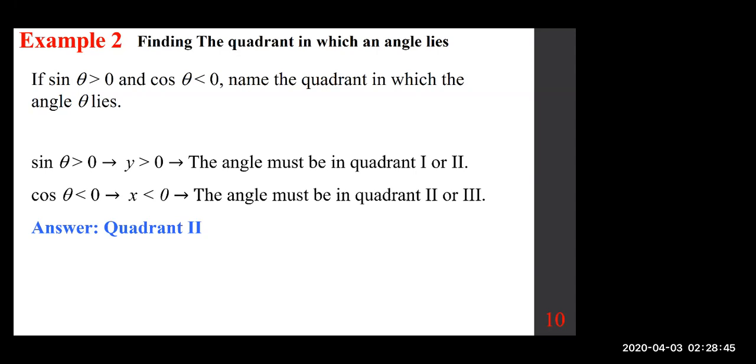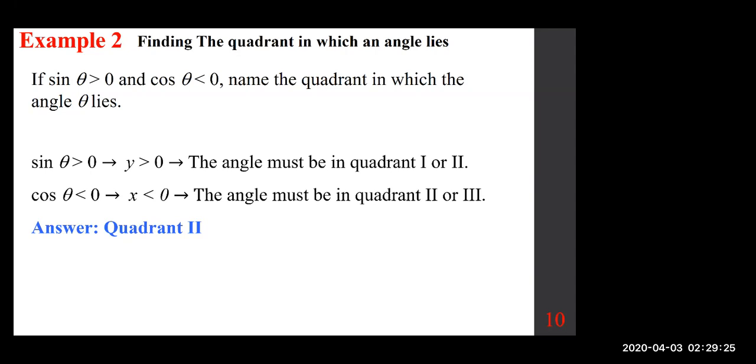The justification is straightforward. If not, you can say sine is positive, it's at the top, so it's either the first or the second quadrant. Cosine is negative, accordingly on the left side, second or third, and you bring them together and make a decision. However you come to the decision, that's absolutely fine with me.